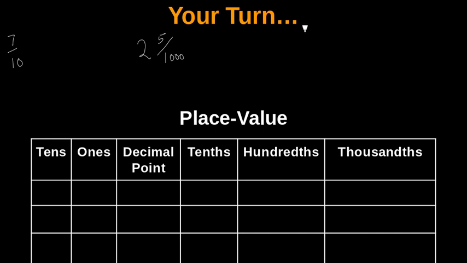And then the last question for you to try, write 12 whole number 23 over 100 as a decimal. Use your place value chart. It's going to help you. That's the easiest way to go about it. So you can pause the video and work on it.